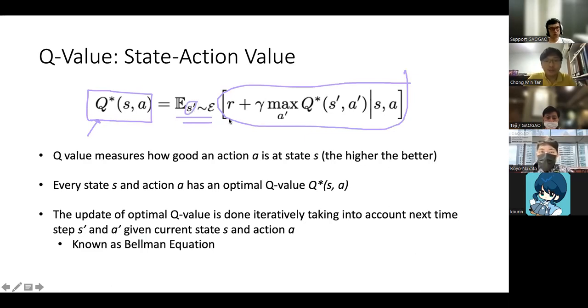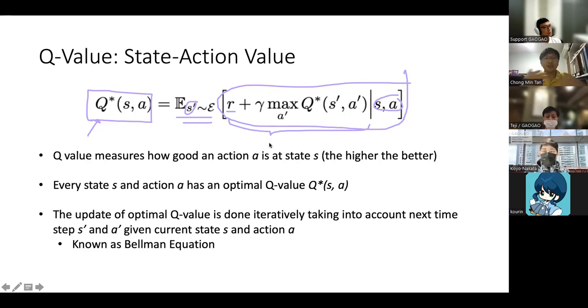We take the value of all future states here, and we weight according to the transition probabilities of all future states. Given the current state and action, what is the value of the next future state? Plus the reward at the current state.